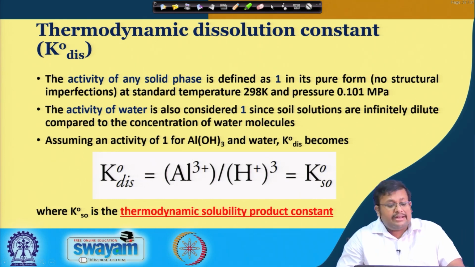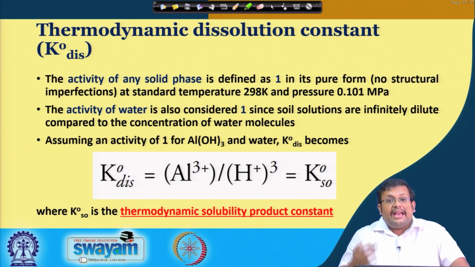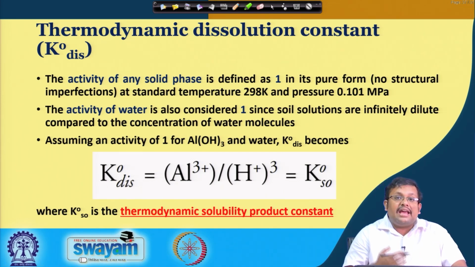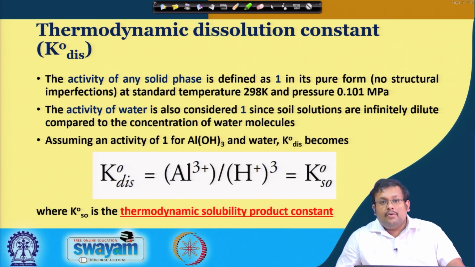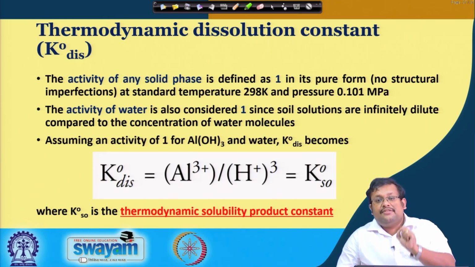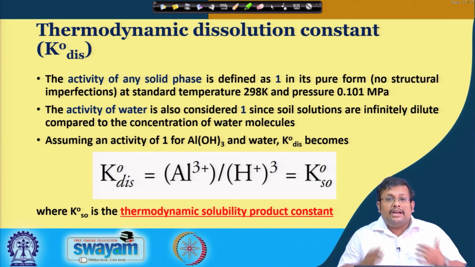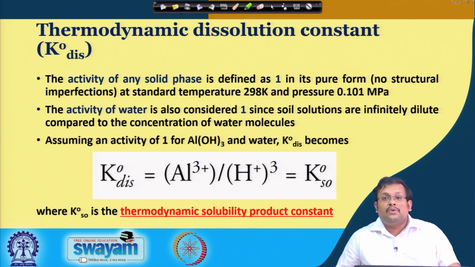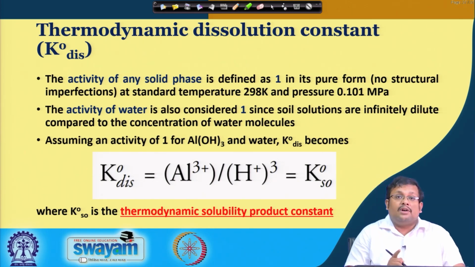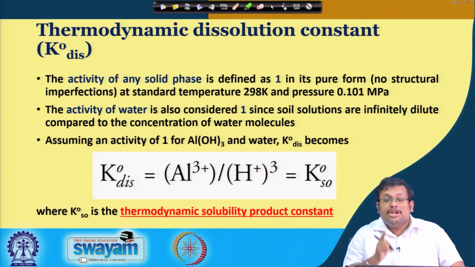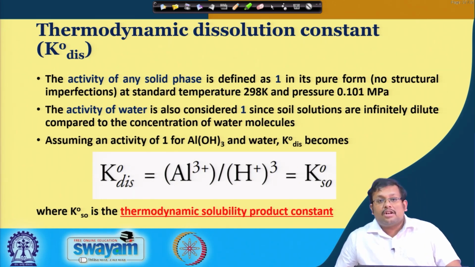Now, the activity of any solid phase is defined as 1 in its pure form when there are no structural imperfections, at standard temperature of 298 Kelvin and pressure of 0.101 megapascal, and the activity of water is also considered 1 since soil solutions are indefinitely dilute compared to the concentration of water molecules.